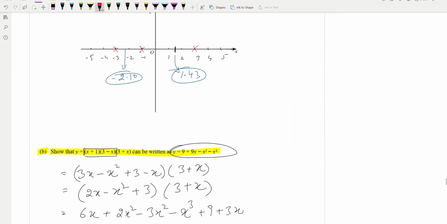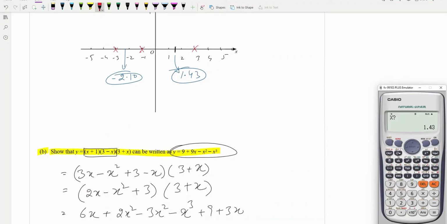So calculate for minus 2.10, which is equal to minus 5.049. This point will have coordinates minus 2.10 and minus 5.049.